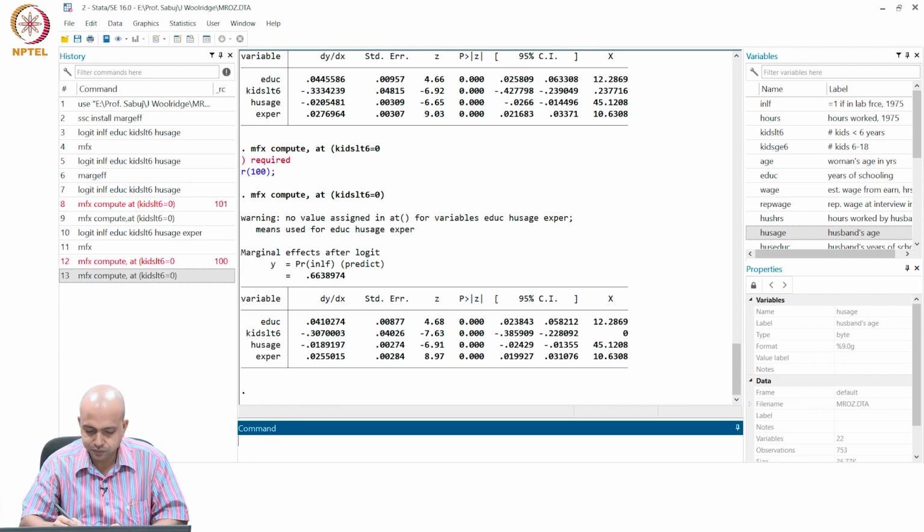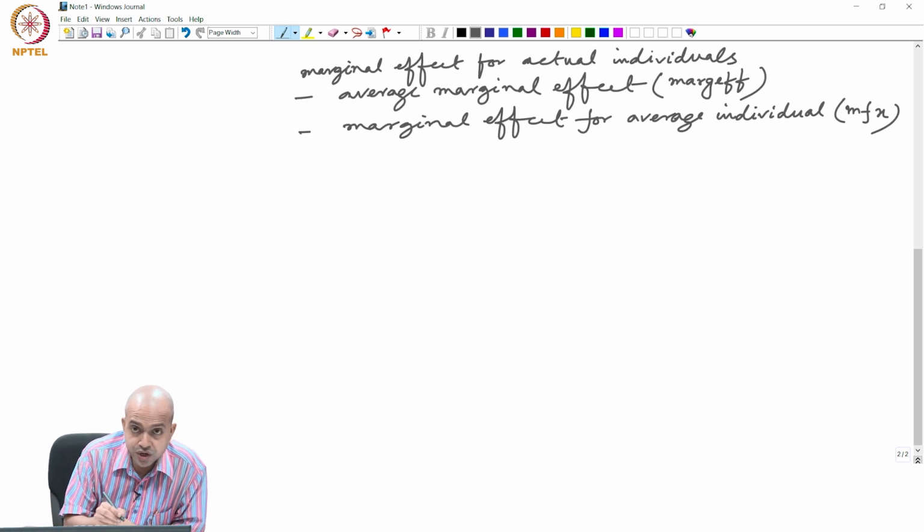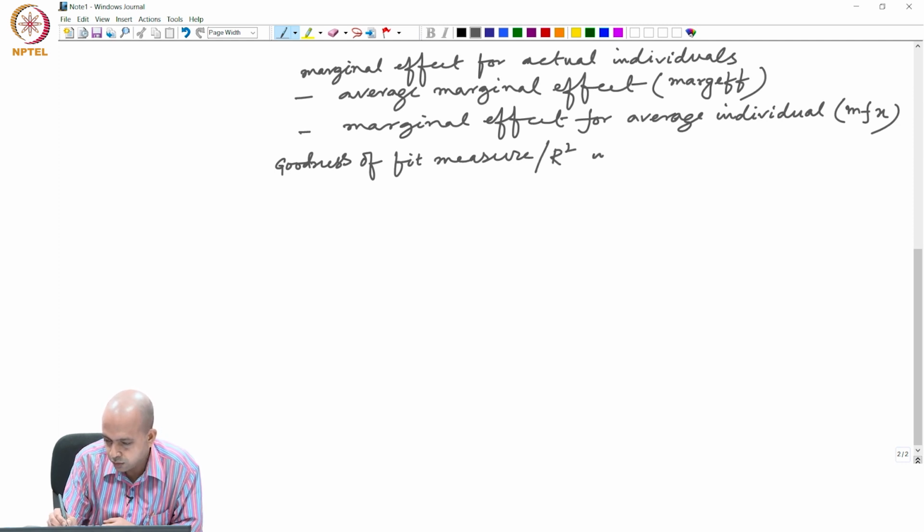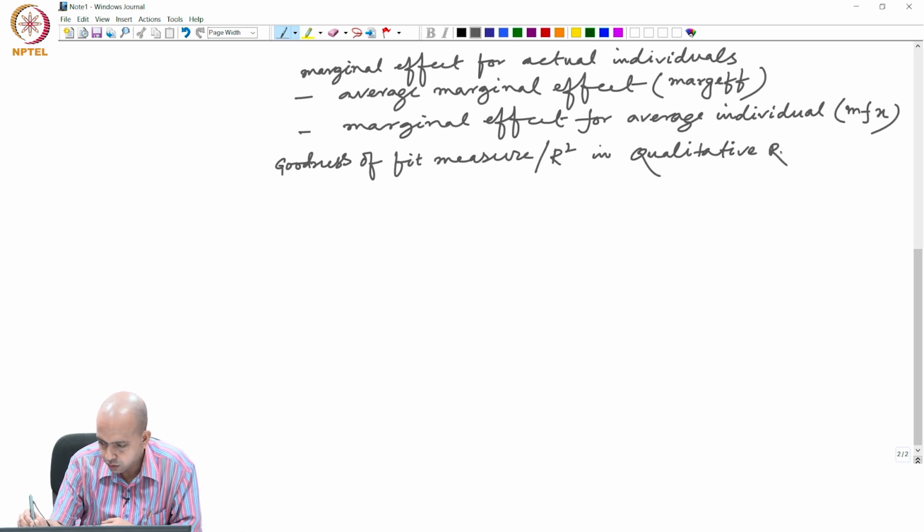So let us discuss something about goodness of fit measure, or R square, in qualitative response model.